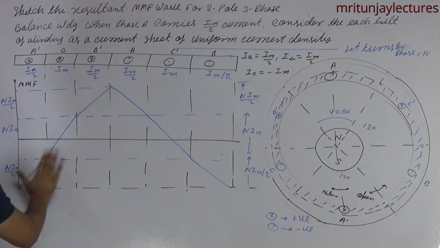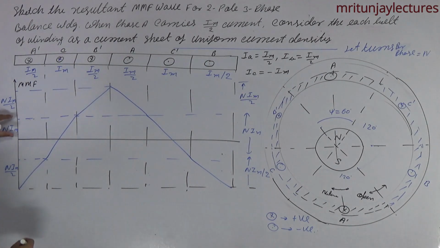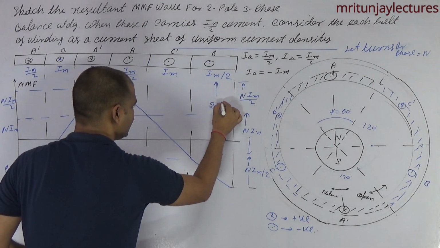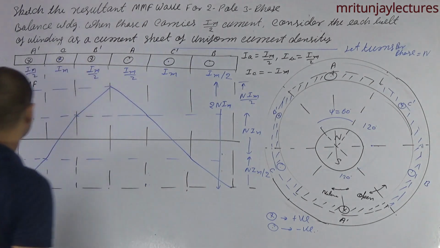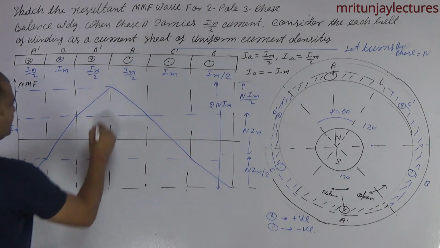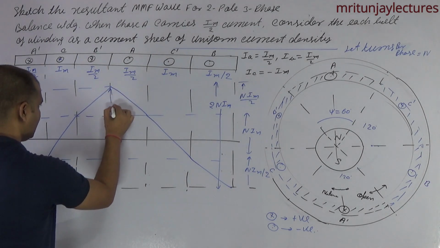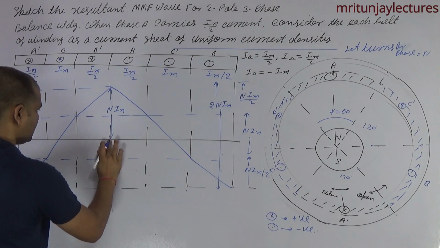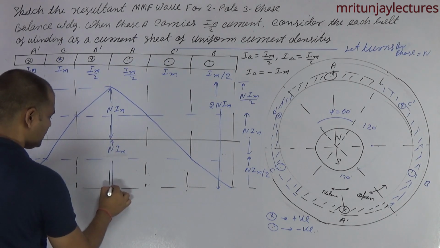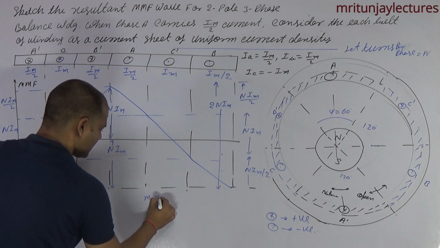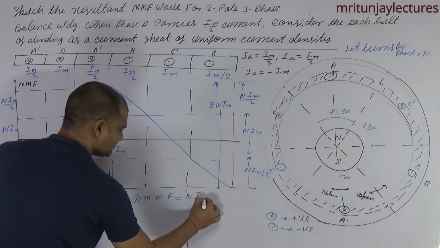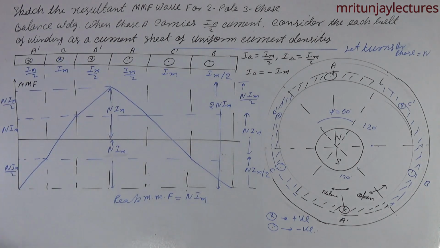Okay, and this one is NIm, that is 2 NIm. Okay, NIm by 2, NIm by 2 and NIm by 2, this is also written as NIm, and this is NIm. Okay, what about the peak MMF? Peak MMF, that is NIm. It is clear? Make it.